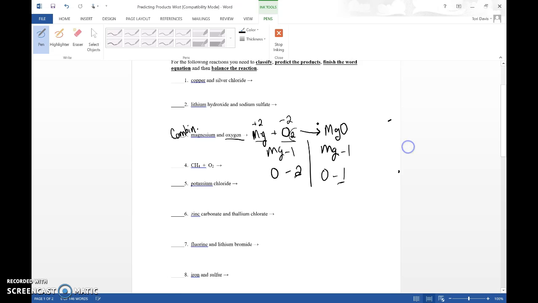So we first need to start by giving our coefficient. So that's going to turn each of these into 2. Now we need to put a coefficient of 2 in front of magnesium. Everything is balanced. That is a combination reaction. So you took two single elements, you put them together, and you made one single compound with that.